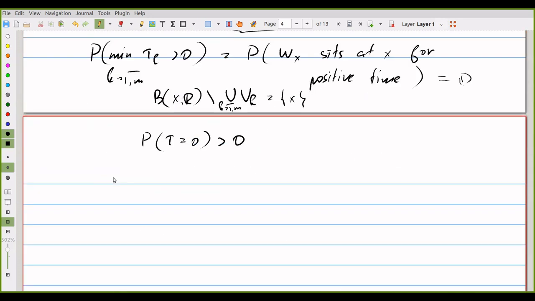But now we can use again the previous proposition to conclude that the probability that σ_x is equal to 0 is greater than 0, which immediately implies that this is just 1. So the point is regular.